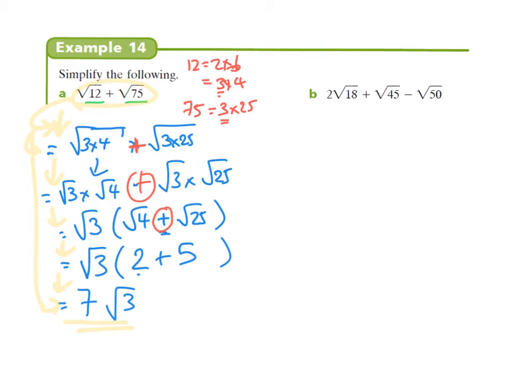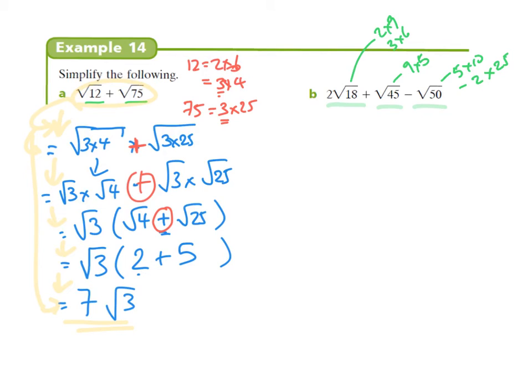Okay, so for part B, I have here 3 terms, and I need to look inside them to see what the commonalities are. I look inside the surd signs. 18 is comprised of 9 times 2, or 3 times 6 is 18. 45, 9 times 5 are the factors, and 50, 5 times 10 is 50, or 2 times 25.